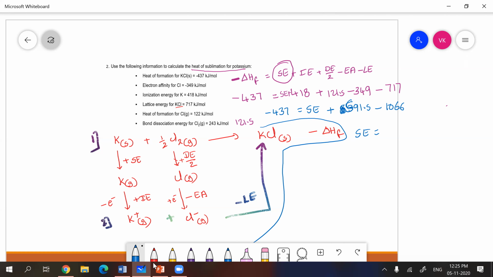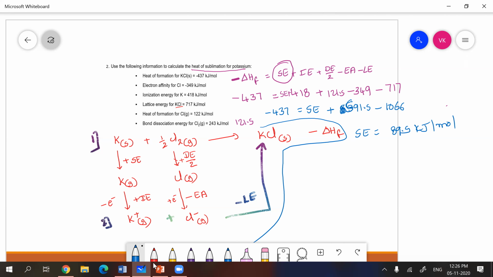Just tell me the final value. And finally you are going to get the value, that is 89.5 kilojoules per mole. Hope you did this one.